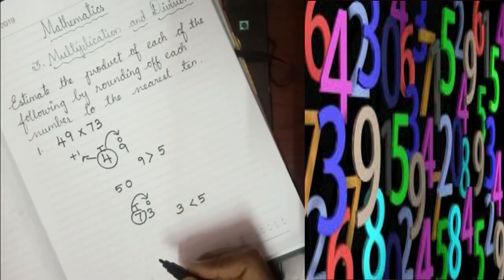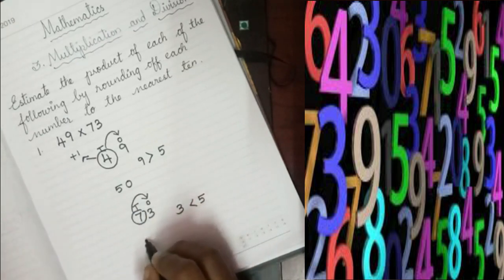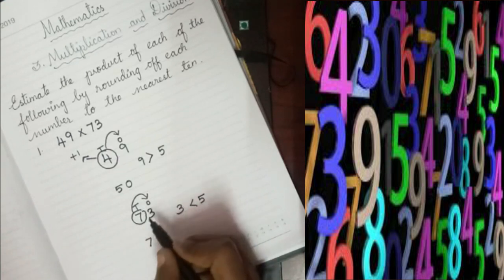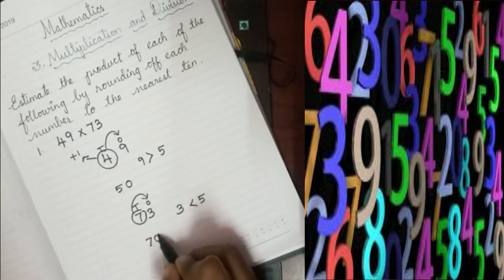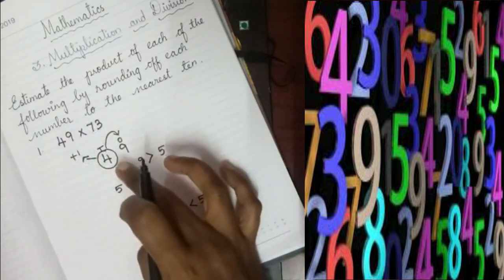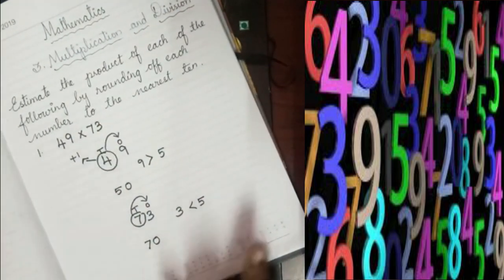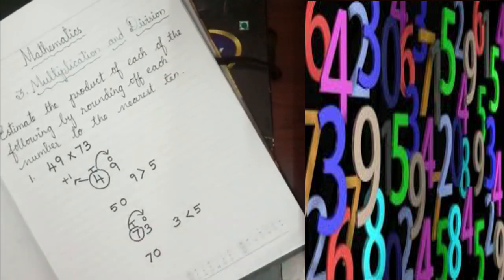What do we have to do if the number is small? This number remains the same, and we simply add 0. So 49 will come as 50, 73 will come as 70. Now we have to multiply this 50 and 70.